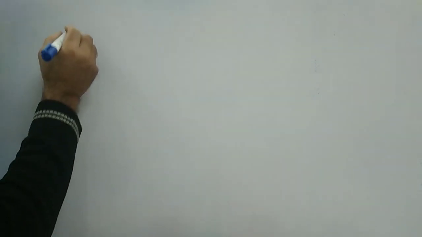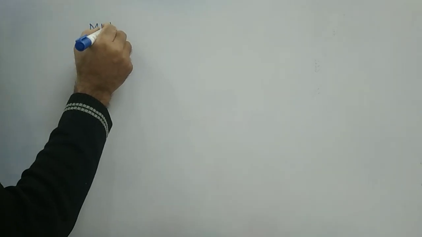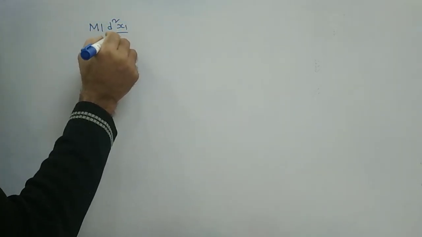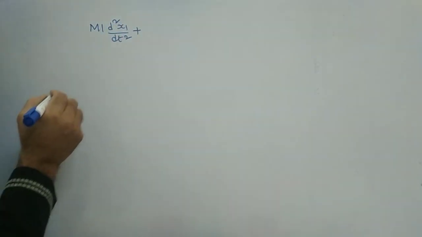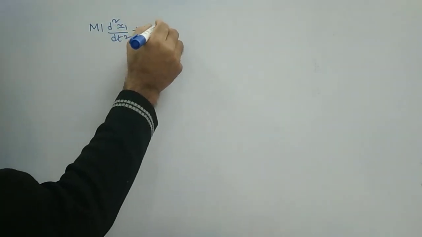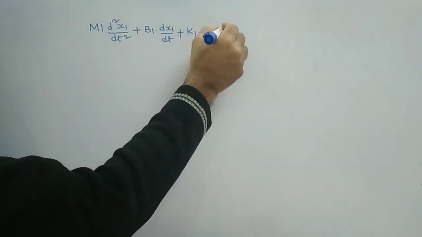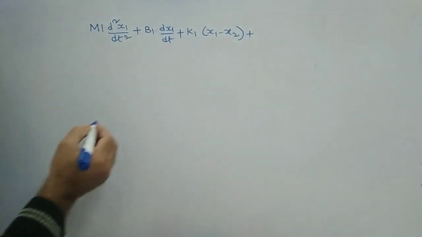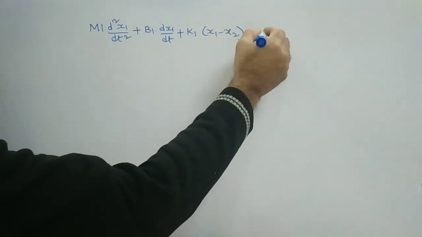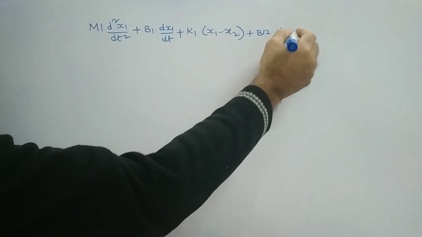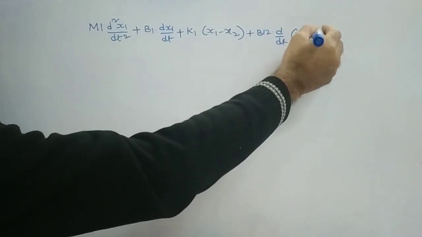It is m1 d square x1 by dt square plus b1 dx1 by dt plus k1 into x1 minus x2 plus b12 d by dt of x1 minus x2, is equal to f of t.